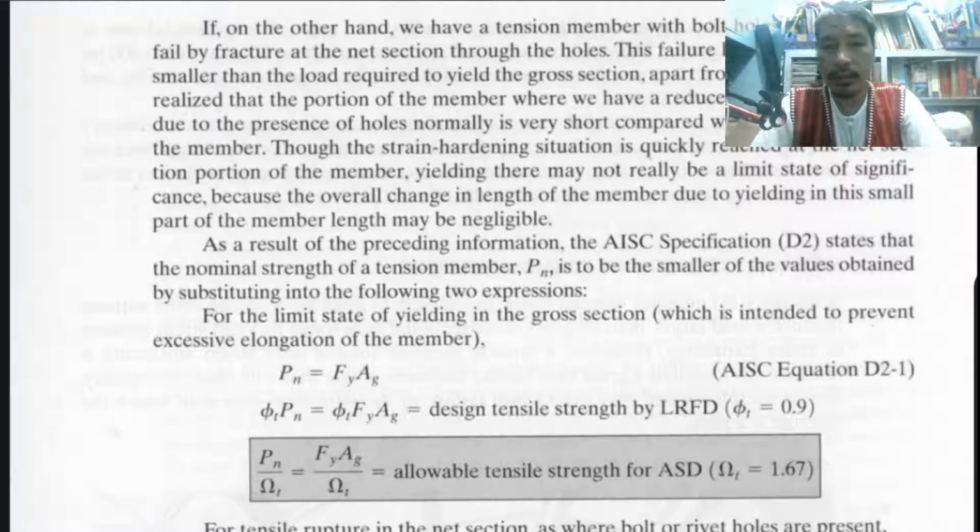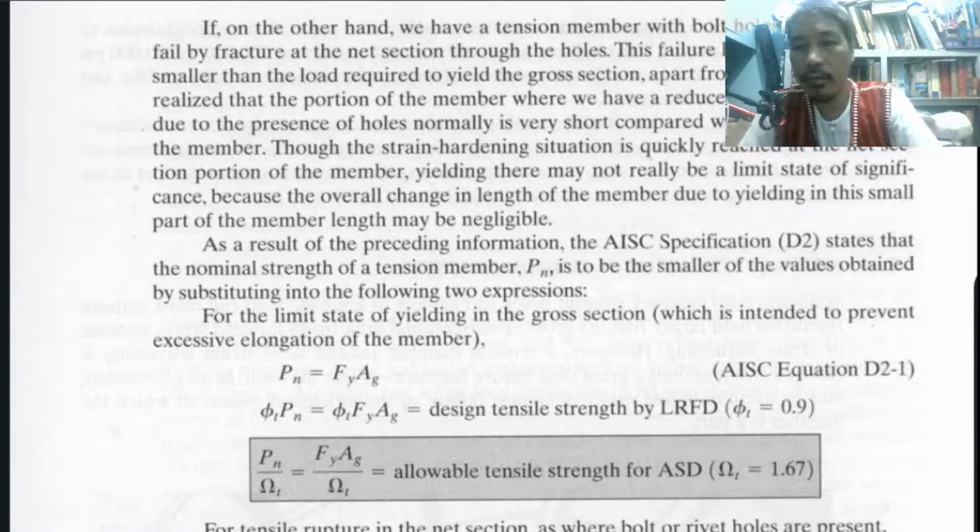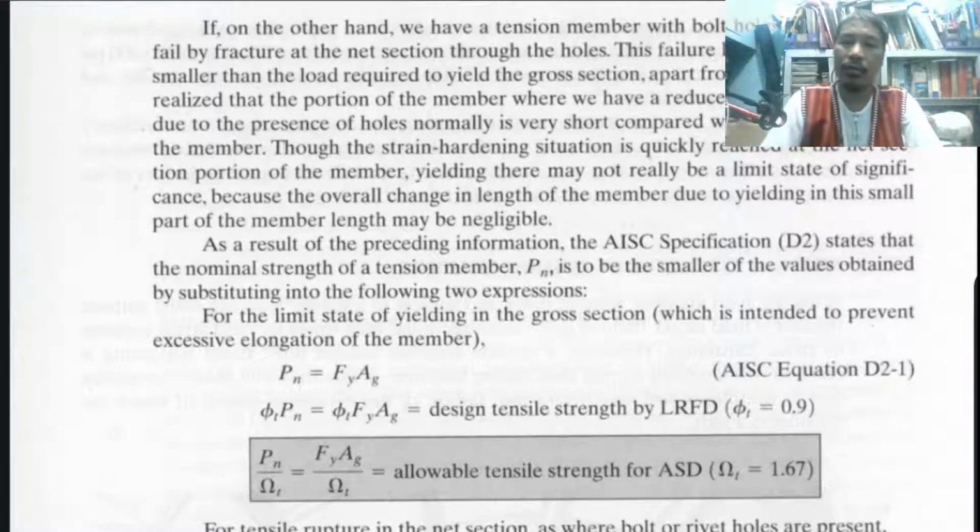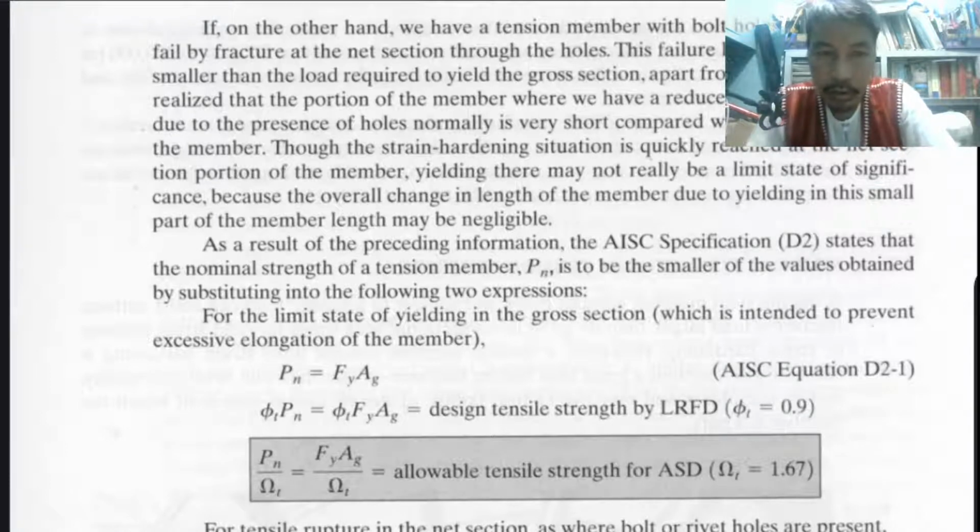So nominal is not a design value, it is a nominal value. You can multiply the nominal value by some factor, a reduction factor, something like that, and so on. So we already have an idea what we mean by nominal.